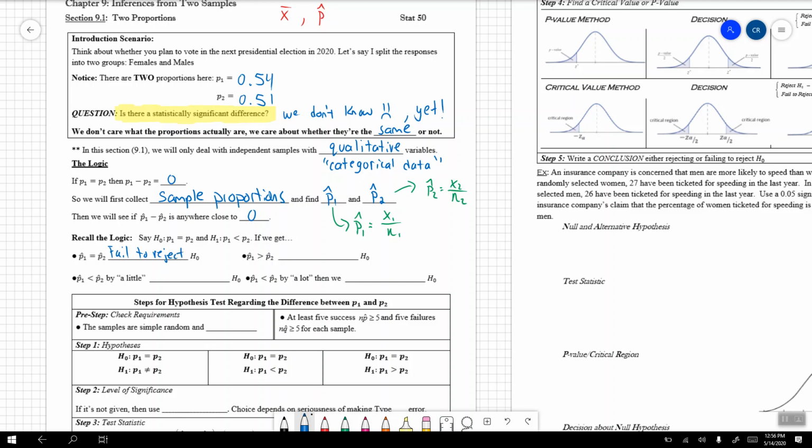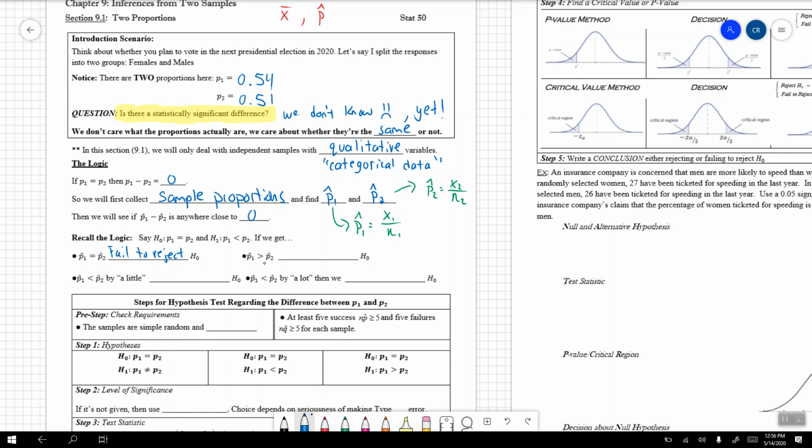And again, we're failing to reject the null hypothesis because if the sample proportions are equal to one another, then it must mean that there is no difference in the population proportions. So again, we fail to reject the null hypothesis.